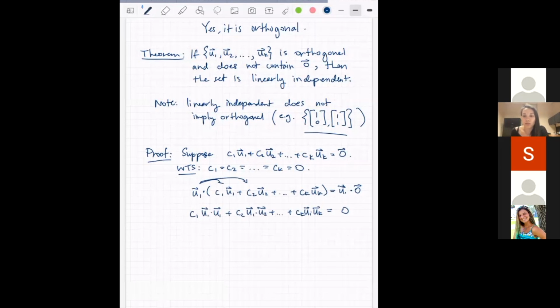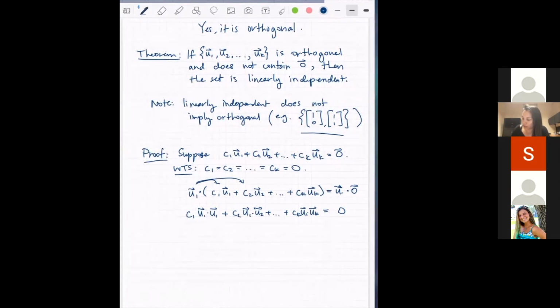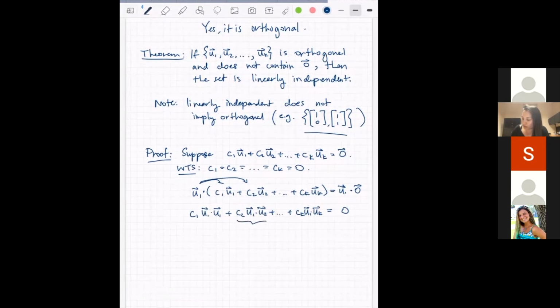Now u1 will be orthogonal to each of the other vectors, right? So all of the other entries there are going to be 0 because u1 is orthogonal to each of them. But u1 is not orthogonal to itself, right? So this is not going to be 0. In fact, if u1 is not equal to 0, this is going to be some non-zero number, right?